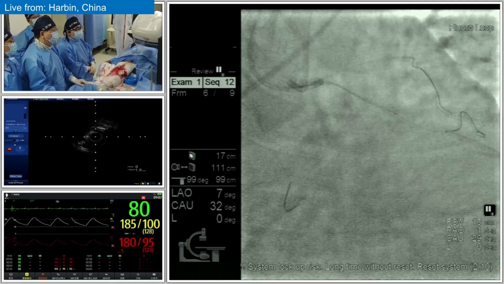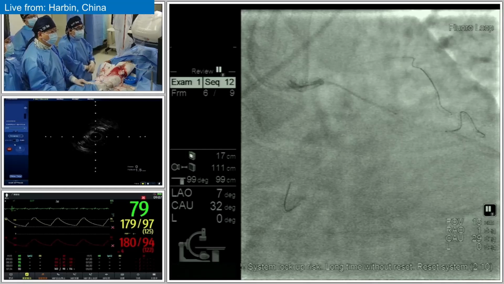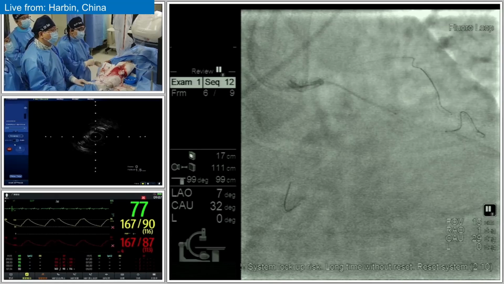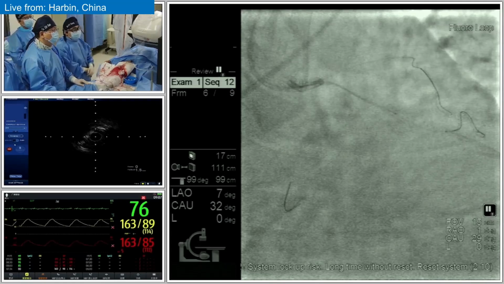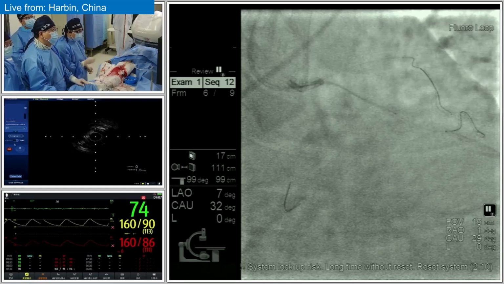Otherwise, if the wire enters the subintimal space, as we know, the extraplaque, then we will perform the re-entry technique.